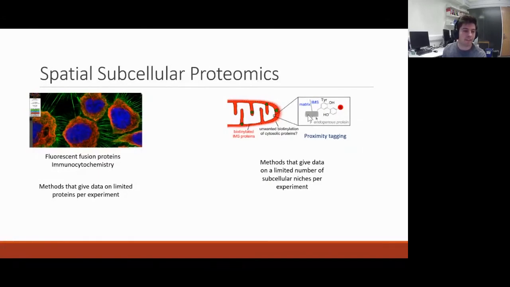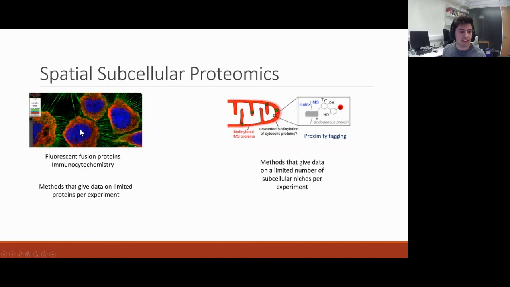phosphoproteomics and its spatial relationship. So first of all, how do we perform spatial subcellular proteomics? There are many methods, and just to give you an idea, one canonical example is microscopy, where you just look under the microscope and see where your protein is.